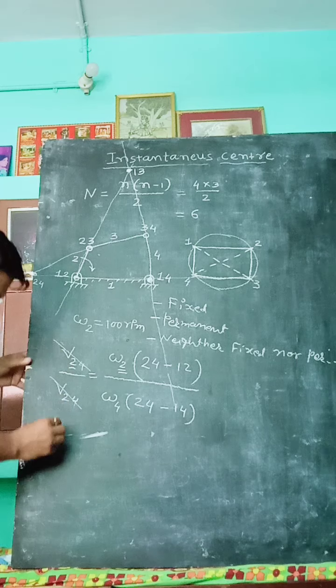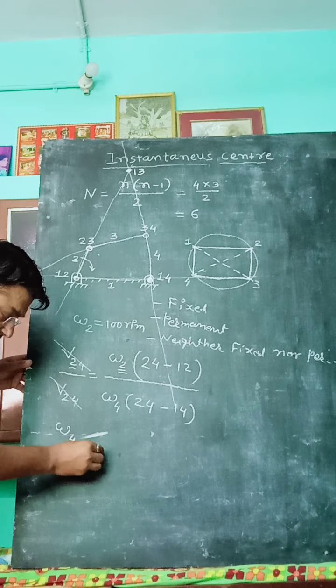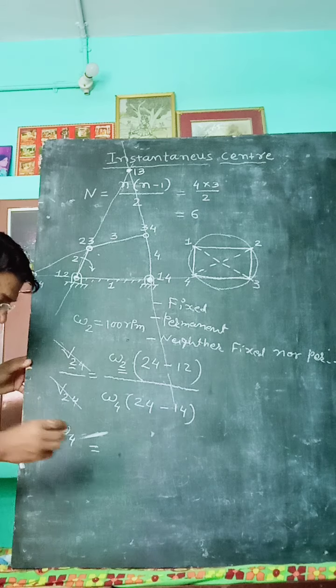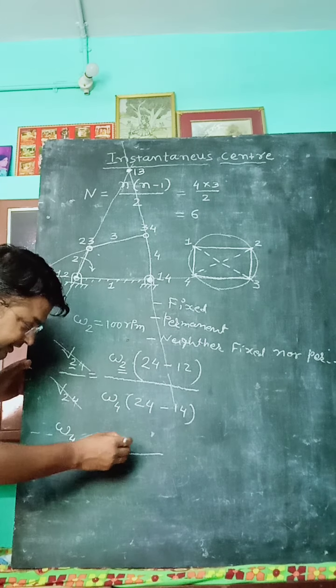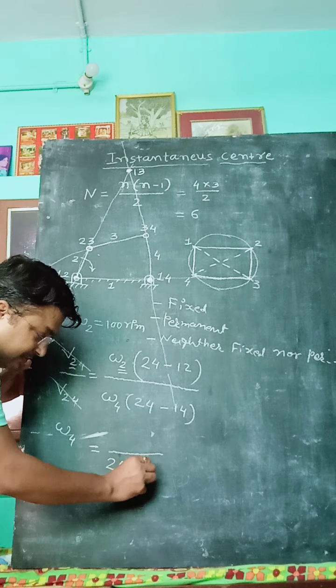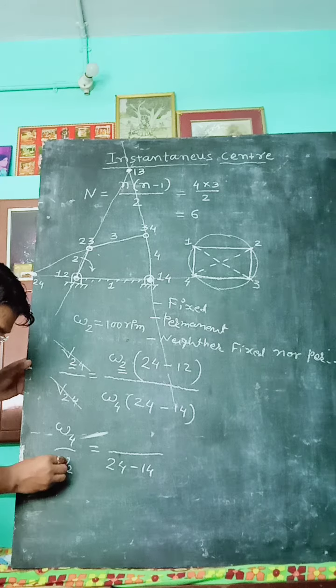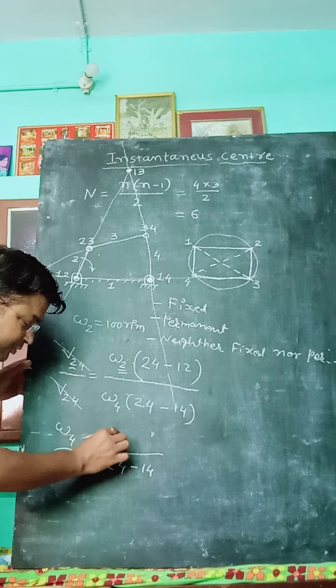So omega 4 is inversely proportional to its instantaneous center difference, and omega 2 is also inversely proportional to this.